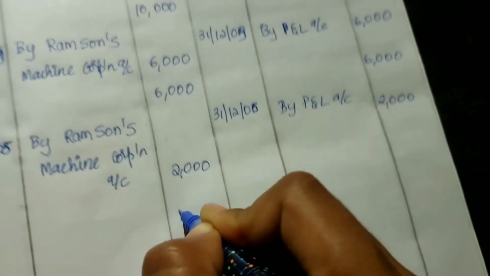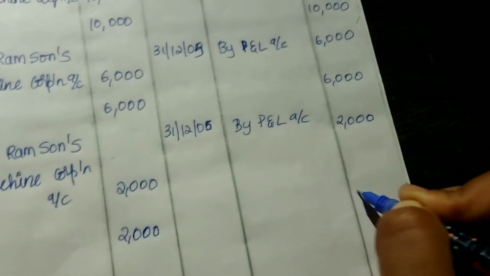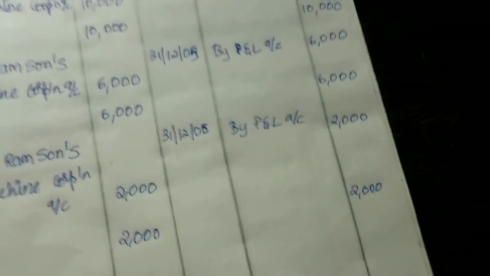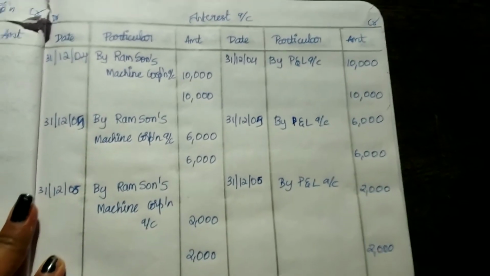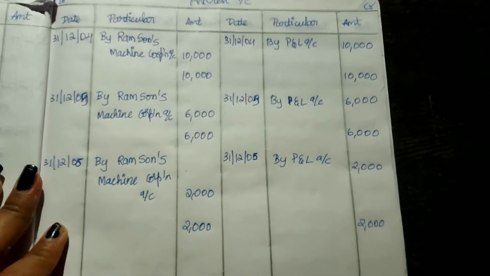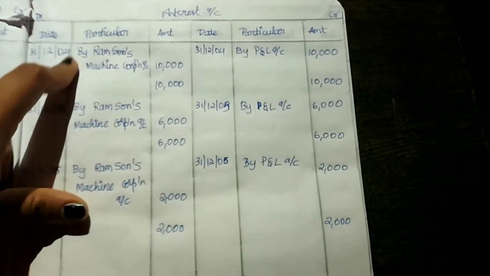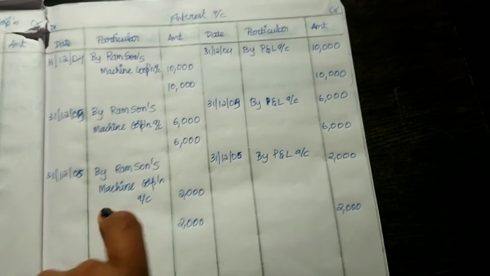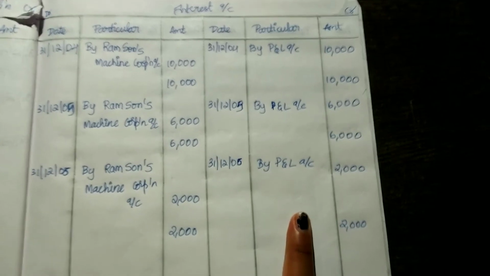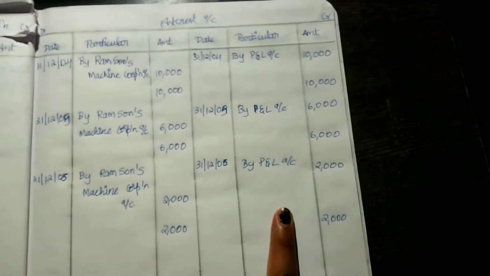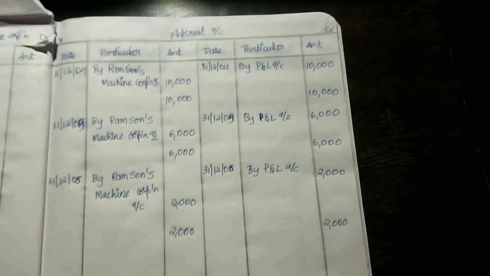So you have to tally it, 2,000. So this is the interest account, where you see each year's interest, from where we debited and where we credited. You can see the information here. Next we'll go for the machinery account or asset account.